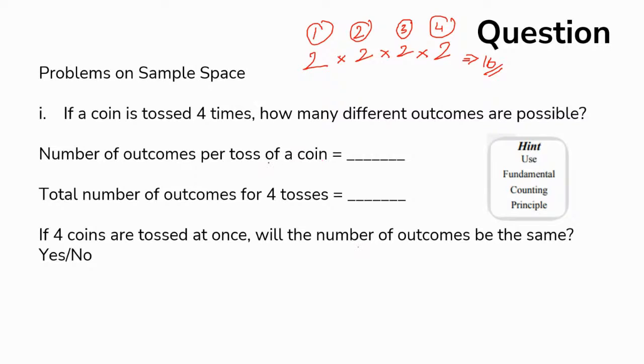So the number of outcomes per coin is 2, and the total number of outcomes for 4 tosses is going to be 16. This can also be written as 2 power n, where n represents the number of coins.